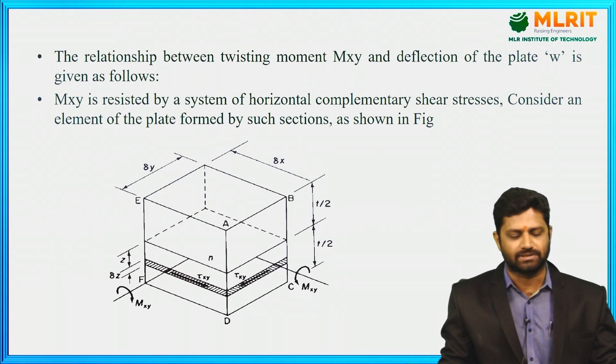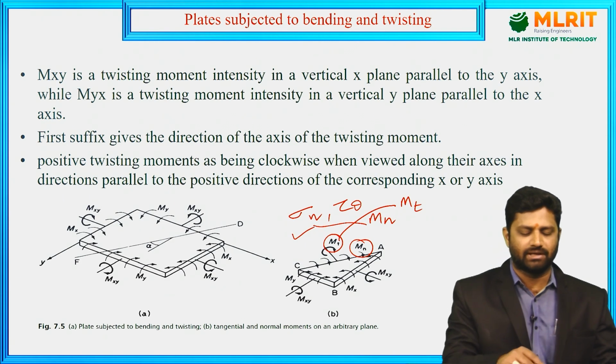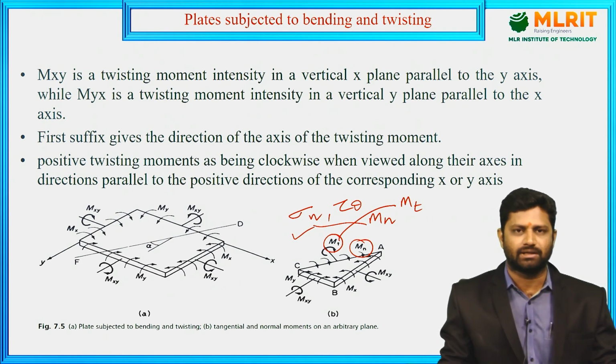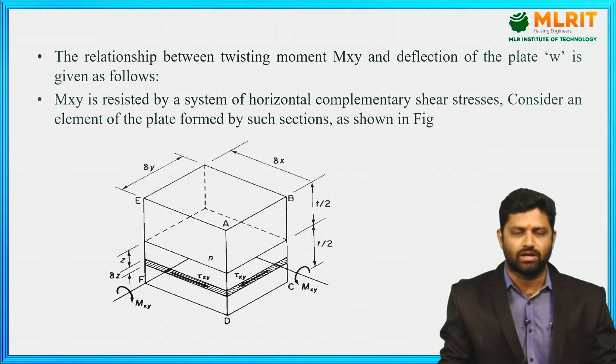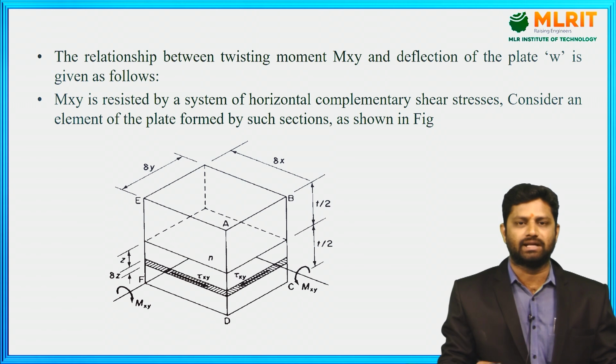Next, coming to the diagram. Here we consider one two-dimensional element, and from that complete element we consider one small elemental strip and denote all the moments acting on it and the corresponding stresses. You need to understand very clearly how the moments are depicted in this diagram.